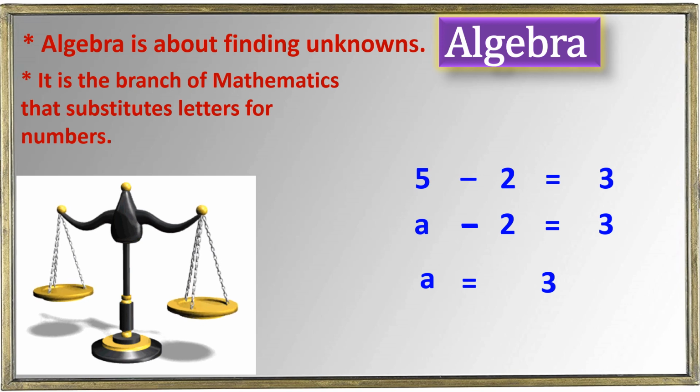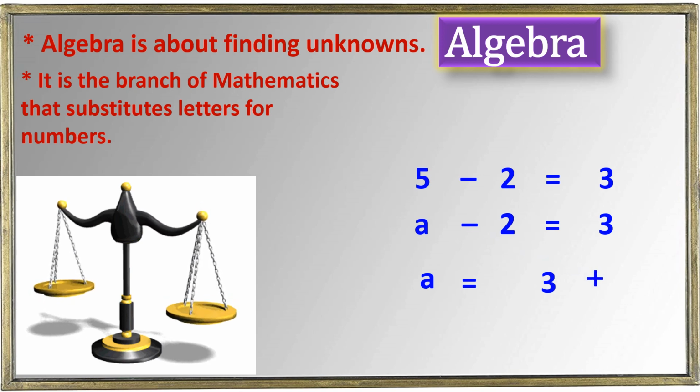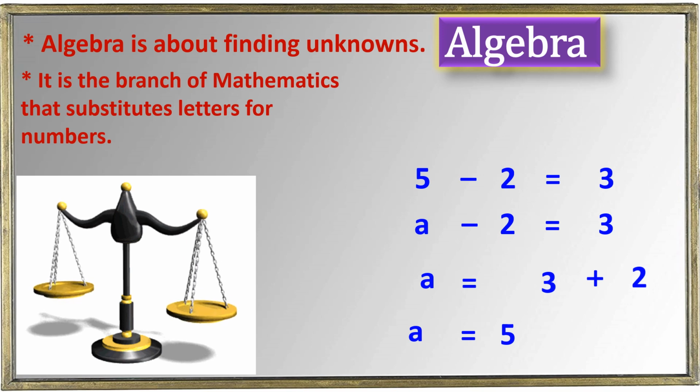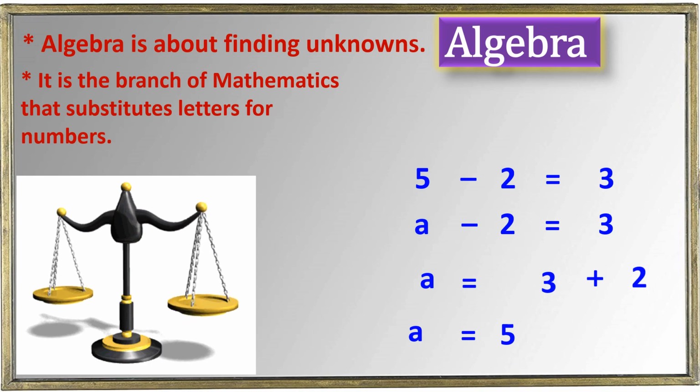So we need to change the sign: minus 2 transfers to plus 2, right? Now you add. 3 plus 2 what? Yes, A equals 5. Like this only we need to find the answer. Hope you understand. In higher classes, while doing all those sums, it will be very easy for you.